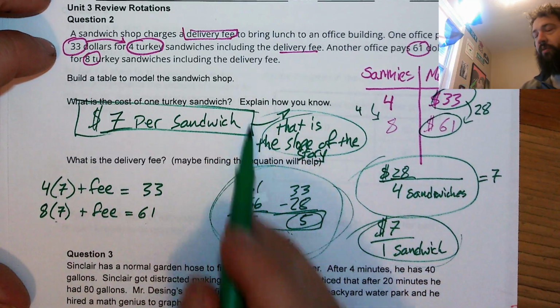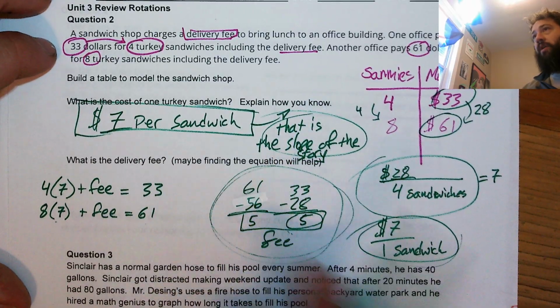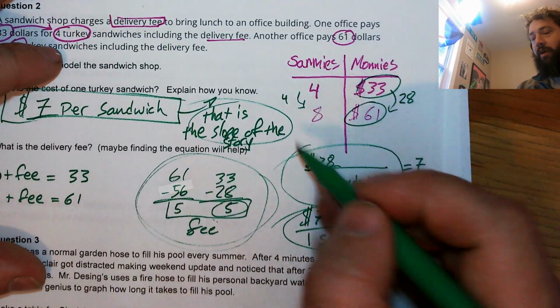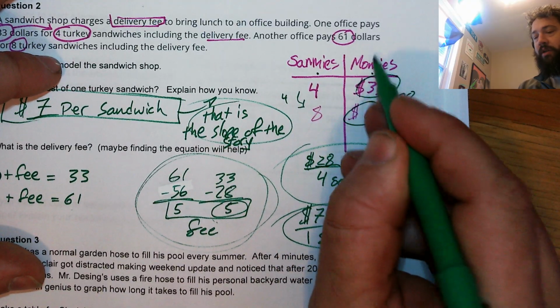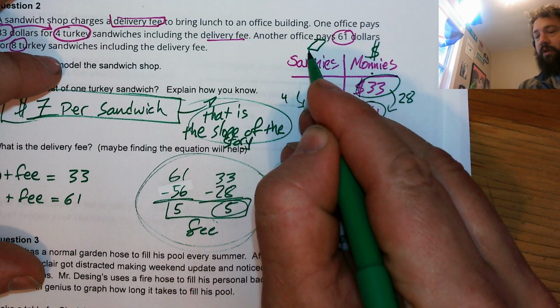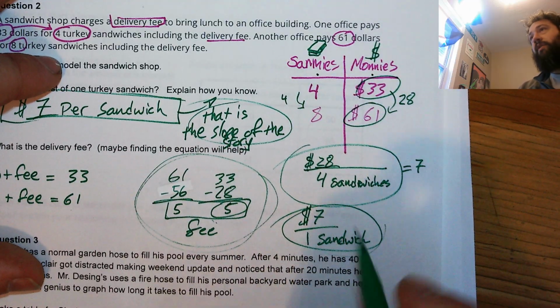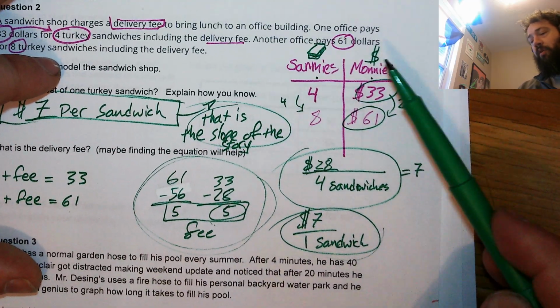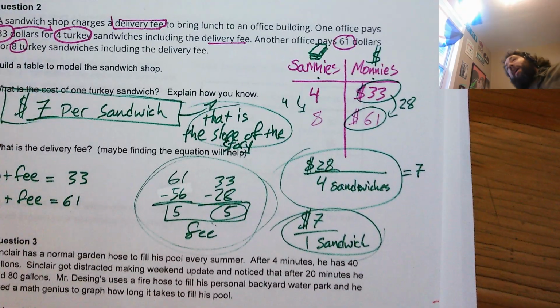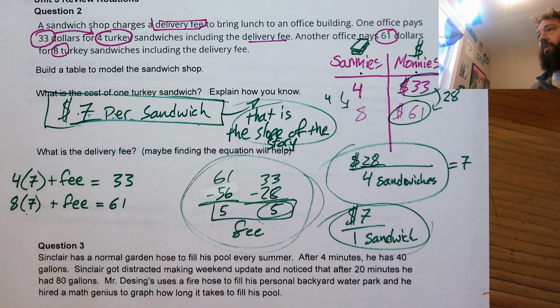And actually, the real reason why I know is because of the units. When I take my Sammys and my monies, having money per sandwich, I'm going to draw a sandwich here. Ooh, it doesn't look like a turkey sandwich. When I do money per sandwich, that is exactly what I'm asking for, money per sandwich.